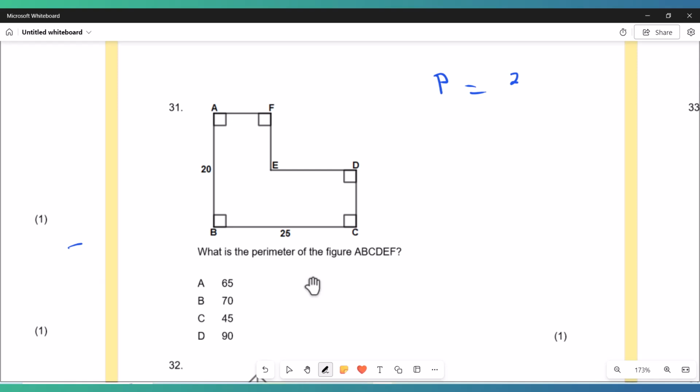Which means A to B, I repeat, from A to B, this side AB is 20, right?